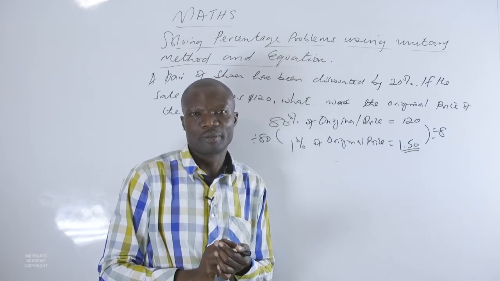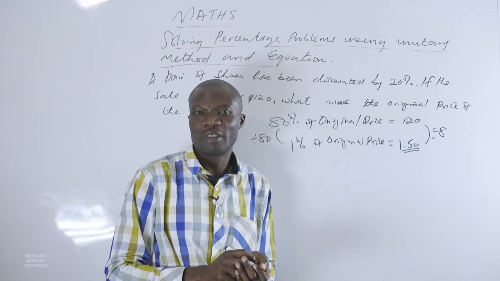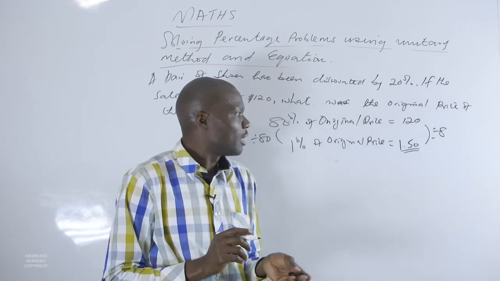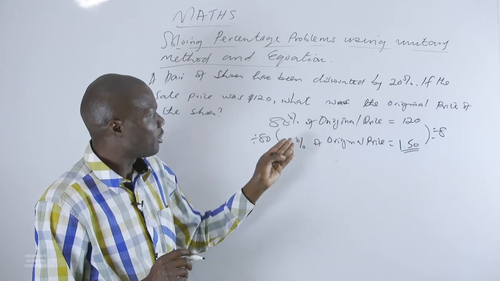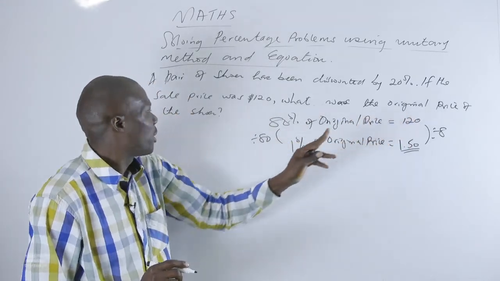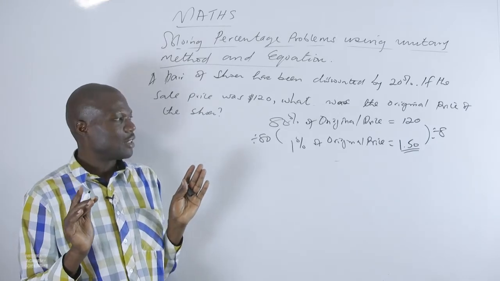Have we answered the question? Are we complete with the question? You see, class, we are not through, because they want us to find the original price of the shoes. That is where our interest is.